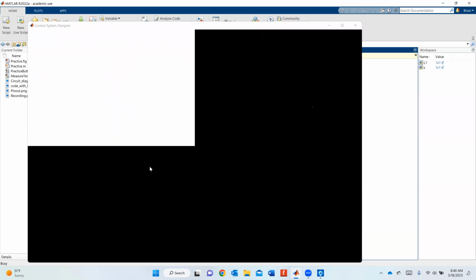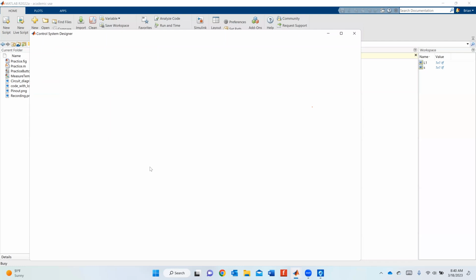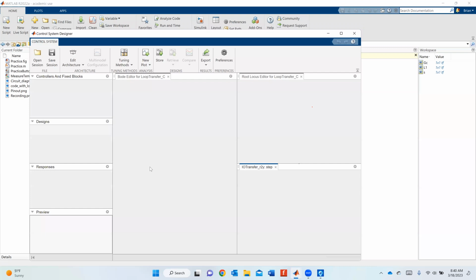And so now evaluating that, let's see if our dominant poles are there. So we should see S plus 2 and S plus 9.2. Our pole at 0 should be added. So we don't need the Bode editor, so I'm going to shut that one.